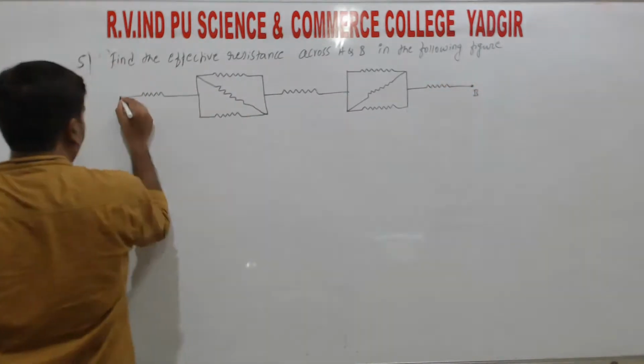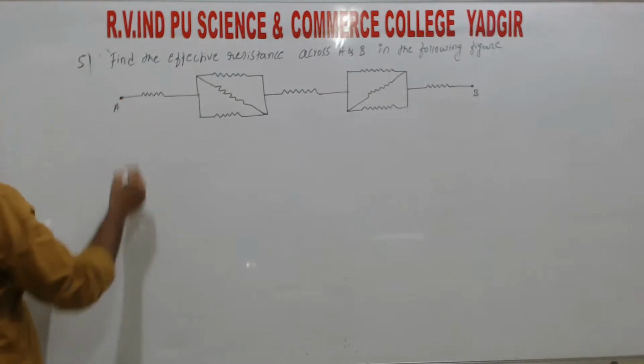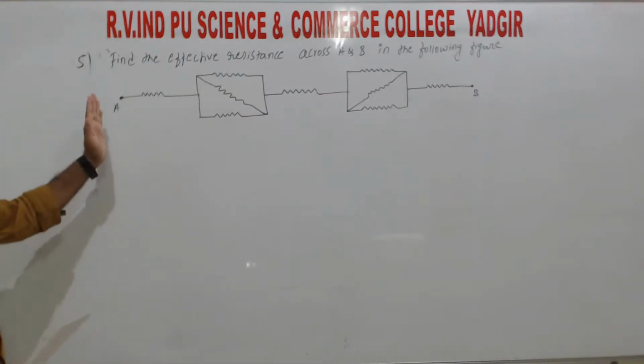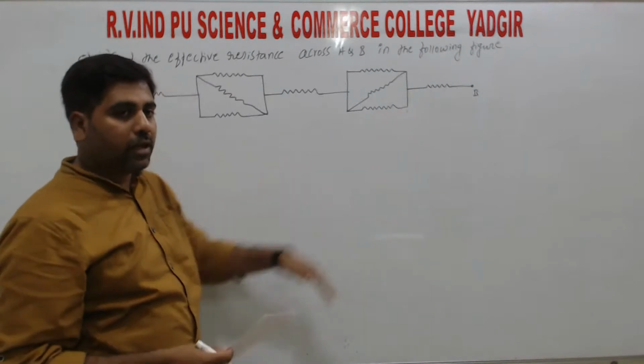This is point B and here is point A. So we need to find the equivalent resistance between A and B.